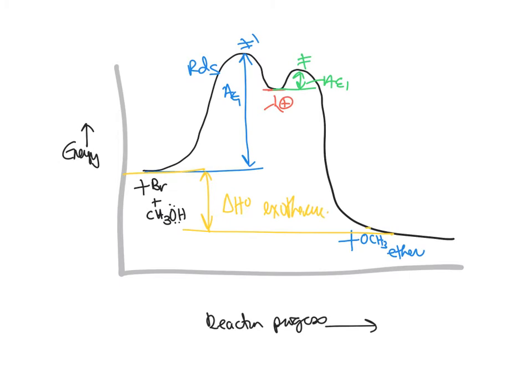And where you're going to have the more stable carbocation is going to show up in the valley. So if that's a tertiary, this right here might be a secondary carbocation. So that's why the lower the activation energy for your carbocation.